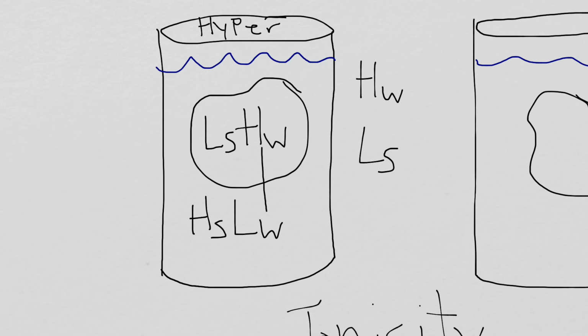So water in this scenario is going to move high to low. Now, if you're moving water out of your cell, what's going to happen? It's going to shrink down and shrivel. So, in a hypertonic solution, a cell is always going to shrink or shrivel down.